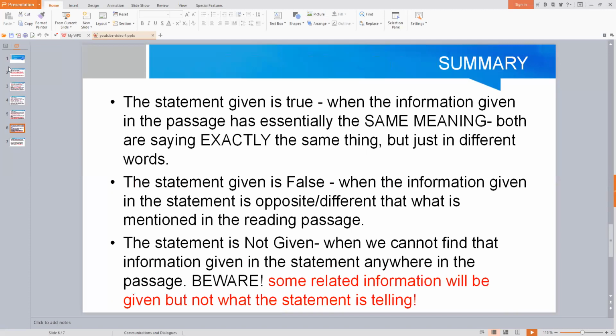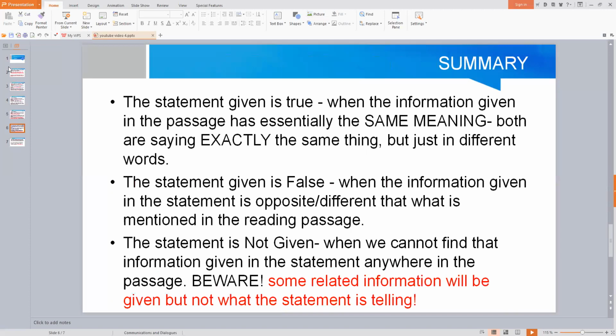Like the earlier example that we discussed: we know that the person they're talking about went on to Oxford University, but the passage doesn't tell you anything about who suggested that he go to the university. But the statement was saying that a person called Michael suggested John go to the university.